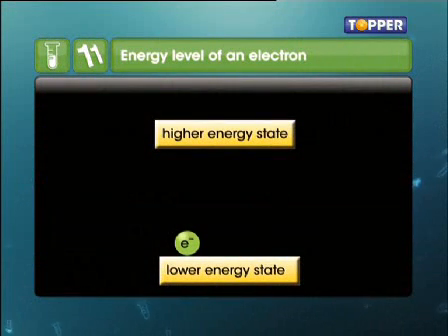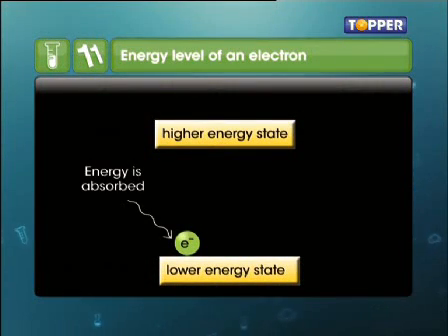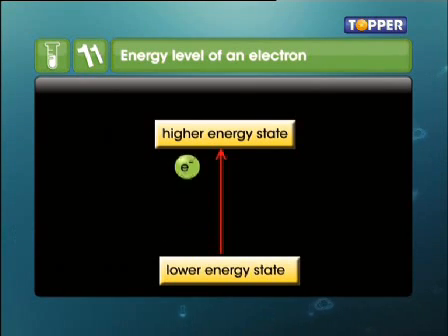You know that one of the biggest successes of Bohr's model was the explanation of the hydrogen spectrum. According to one of the postulates of Bohr's model, only orbits of certain radii corresponding to certain definite energies are permitted for an electron in a hydrogen atom. As I told you earlier, energy must be absorbed for an electron to move to a higher energy state.